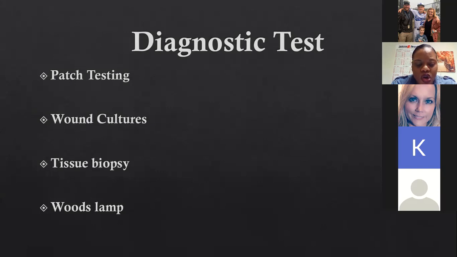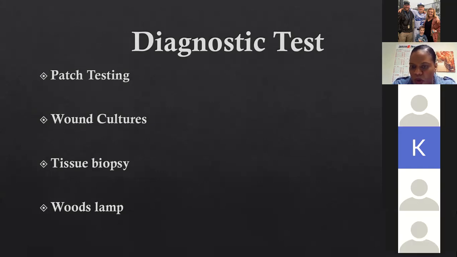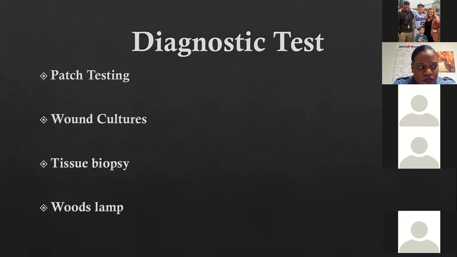When you're doing wound cultures, if you're trying to collect the culture off of a wound, do I want to collect the culture off of dead tissue? No. Why not? Because you have bacteria living on the outside of the skin already.